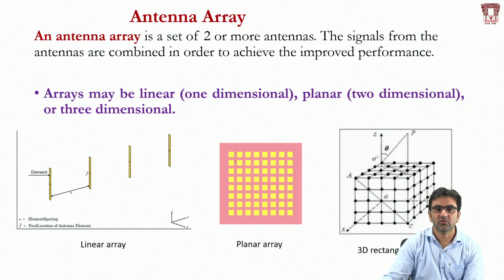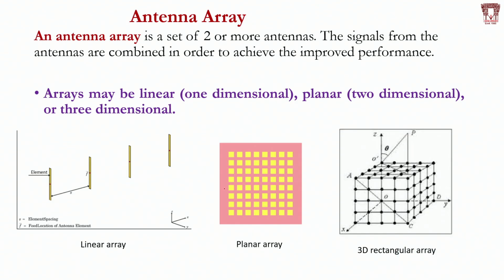Okay, let us come to the main topic, that is the antenna arrays. What is the definition of an antenna array? An antenna array is a combination, or you can say a set, of two or more antennas. The signals from the antennas are combined in order to achieve improved performance.